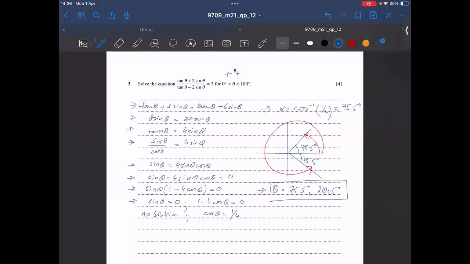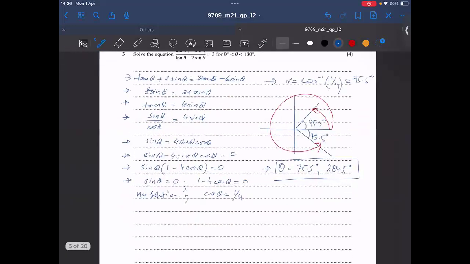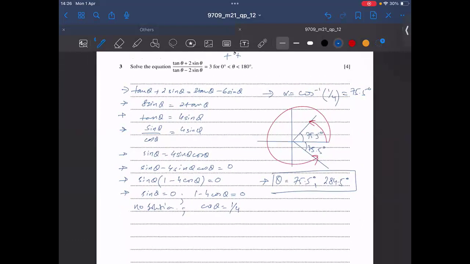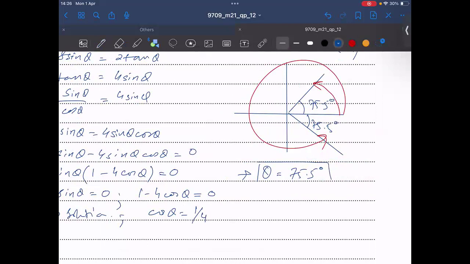I hope it is clear to both of you. Come on, just tell me. Sir, the range was within 180. Yeah. So you're not going to be including this. Never mind. Just this one. I'm not going to be including this.